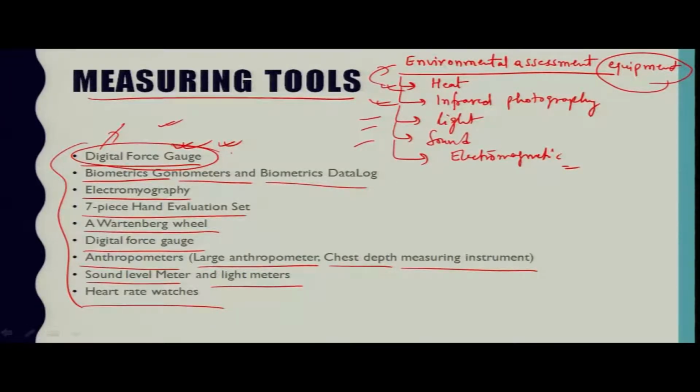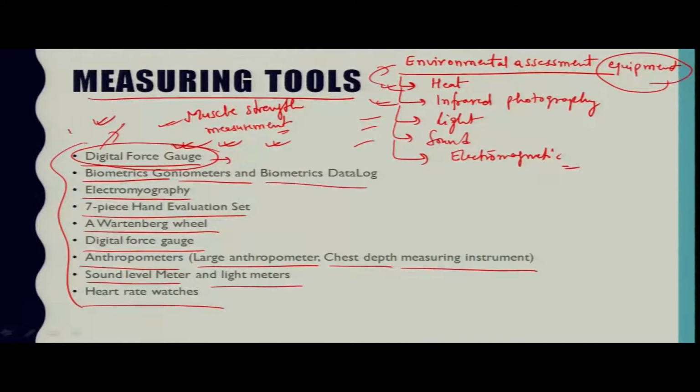It can be used for muscle strength measurement, functional capability evaluation, etc. Functional capacity evaluation is the evaluation of a person's health to see whether he or she is capable to meet a particular physical demand or not. So just to check the strength, whether he or she will be capable of performing a particular physical task.